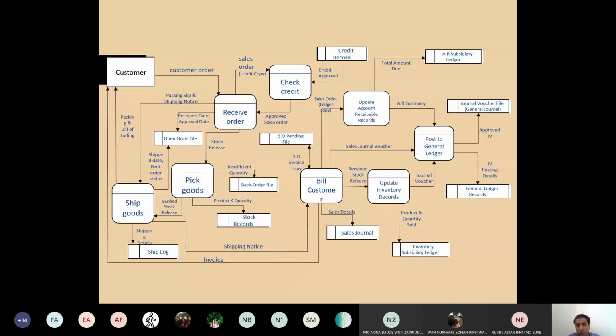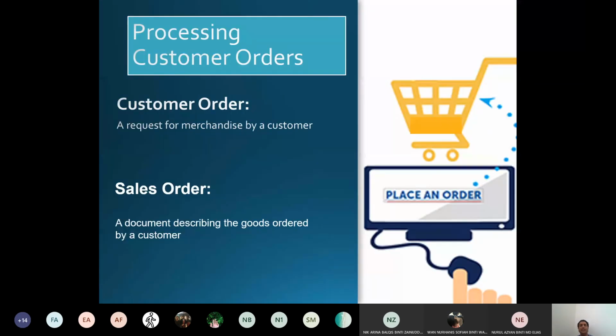We should have a credit check, we should have a shipment goods record, and so on. Okay, so let's break it down and see the details of each one of the functions.